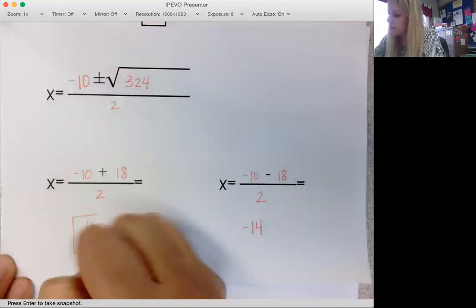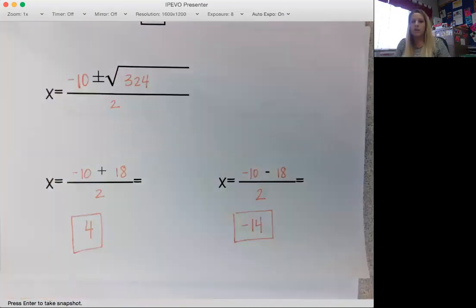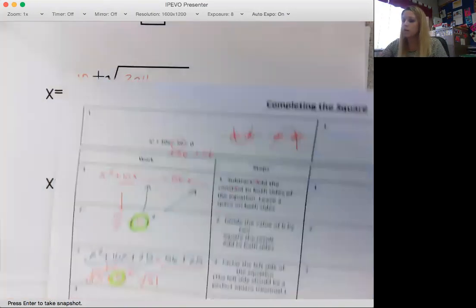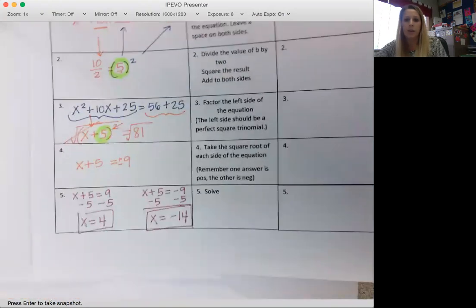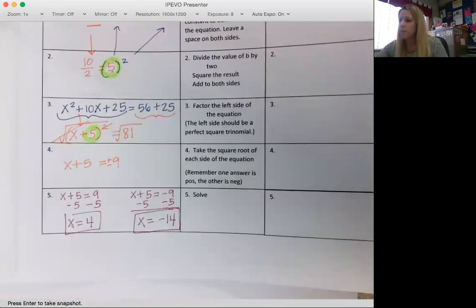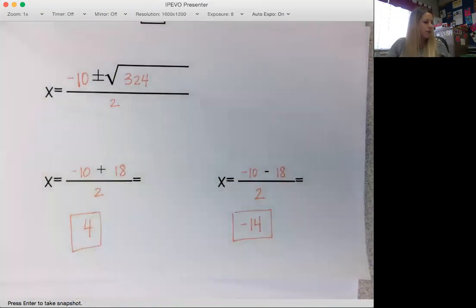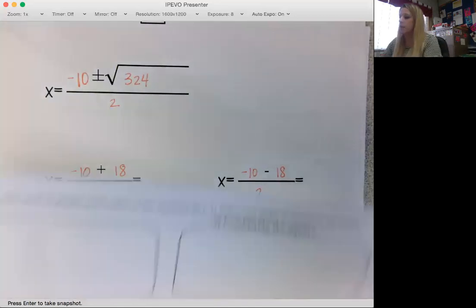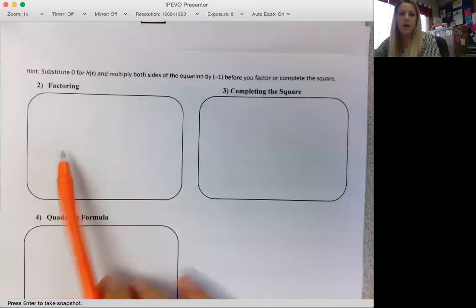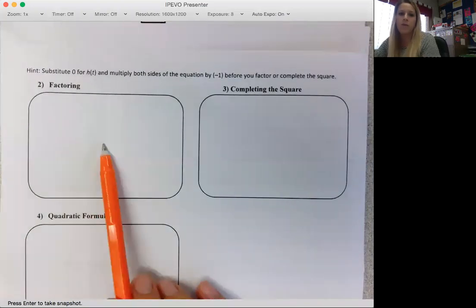So I ended up getting the exact same answers that I did when I did completing the square. So here are my 2 answers from completing the square. When you do them on the assignment, you have completing the square and quadratic formula, and then you also have factoring.